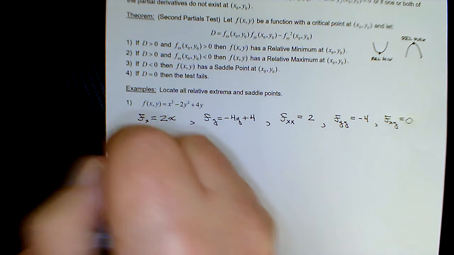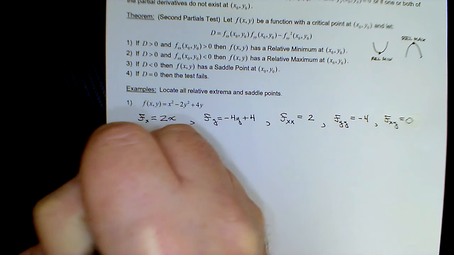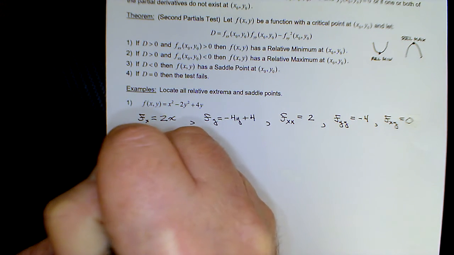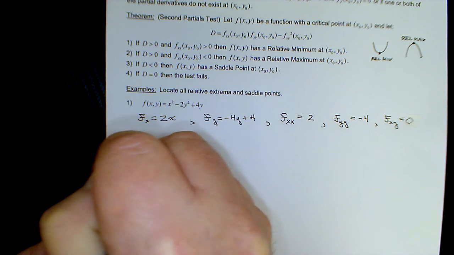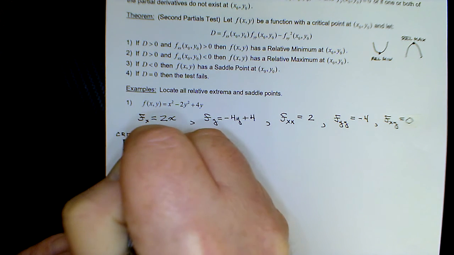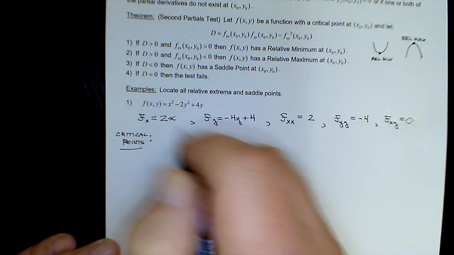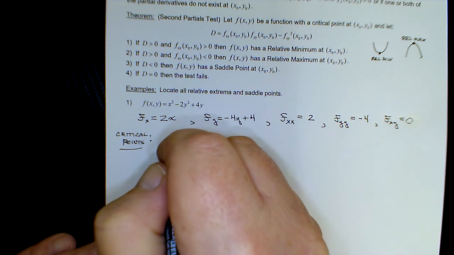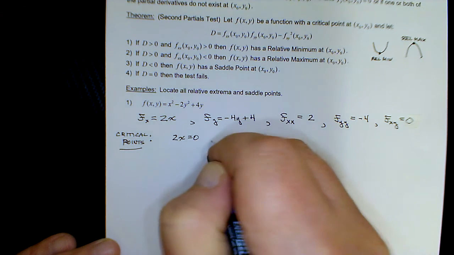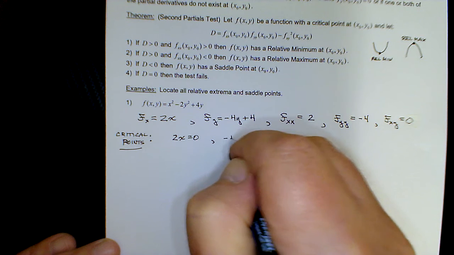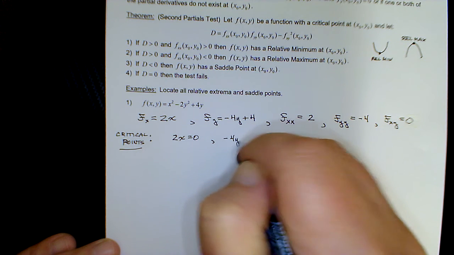First, the critical points. The critical points are found by setting f sub x equal to 0 and setting f sub y equal to 0.